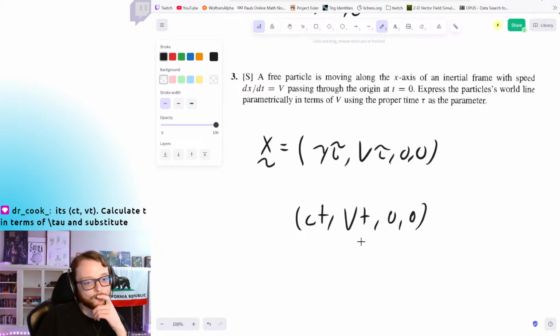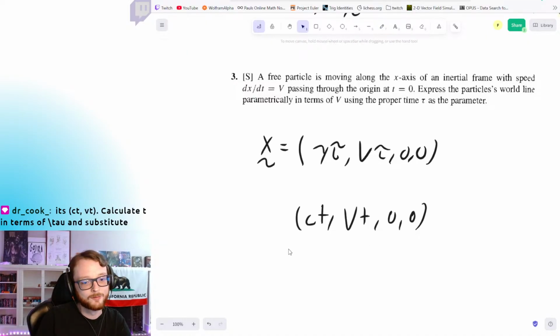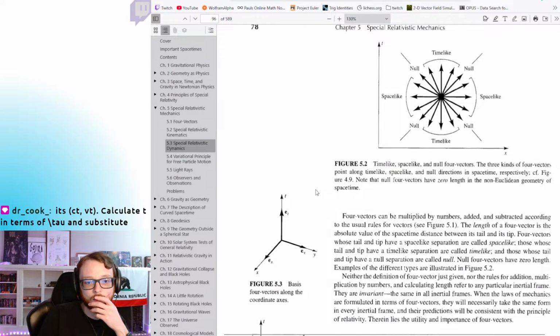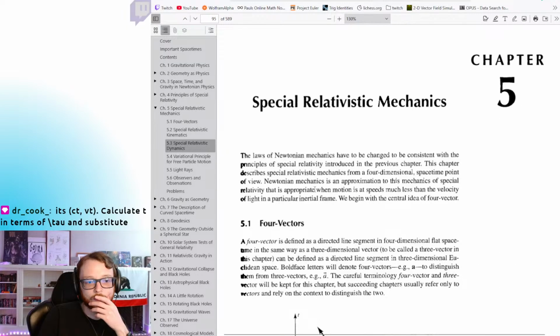Oh wait, I assume C is gamma. Oh, they did this as an example, didn't they? Going from sigma to tau. We were talking about this one.